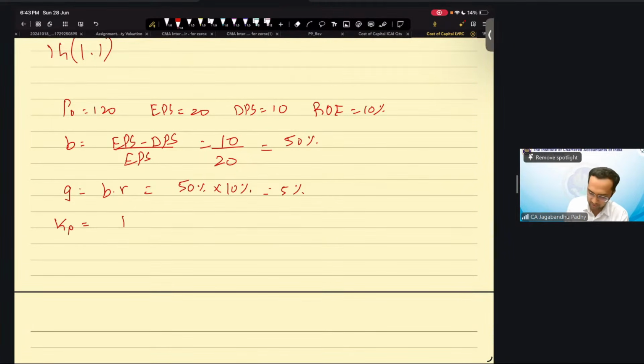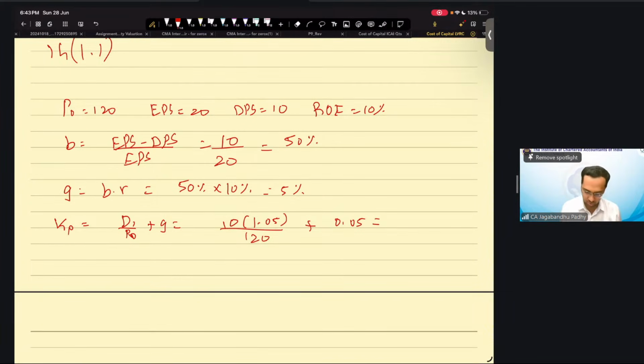Now we can get KE as D1 upon P0 plus G. So D1 is 10 into 1.05, which is 5% growth, divided by P0 is 120 plus growth rate of 0.05.